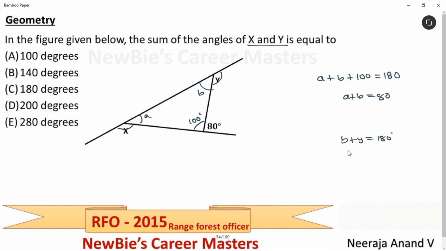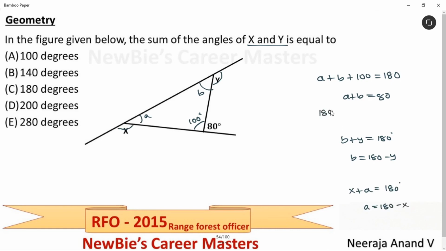Am I clear? Then B value we can take as 180 minus Y. What about this then? Similar. See, straight line and this angle should be 180. We can say X plus A is equal to 180. We can say A is equal to 180 minus X. Let's replace the value here.